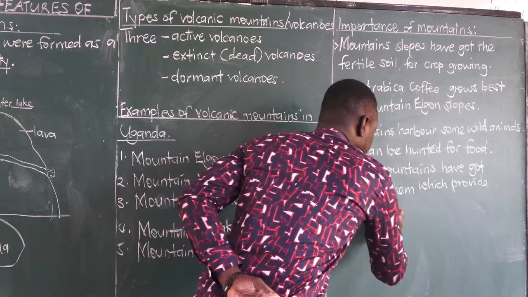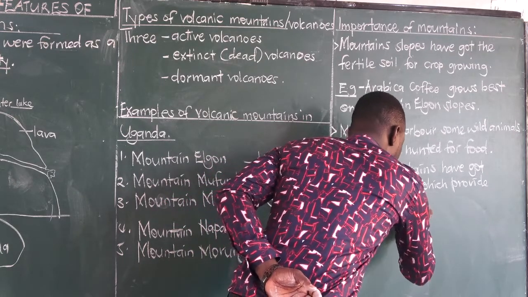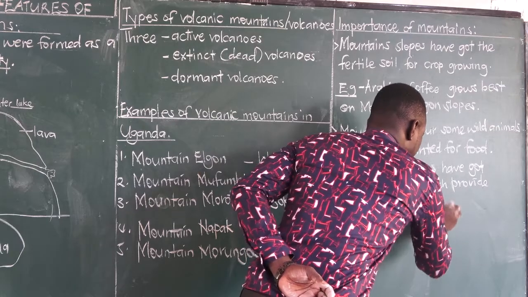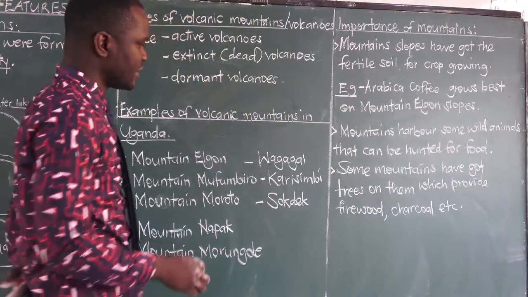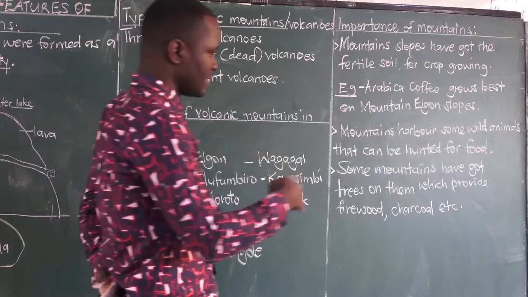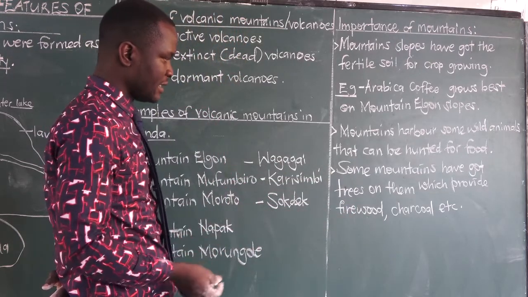These trees, they can burn them to make charcoal, and there are other benefits of the trees. So because of all those trees in that forest on that mountain, we have this.